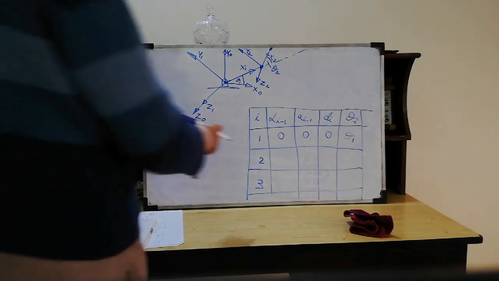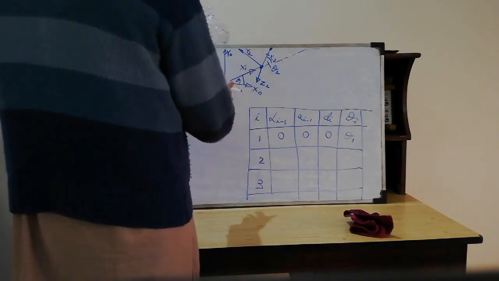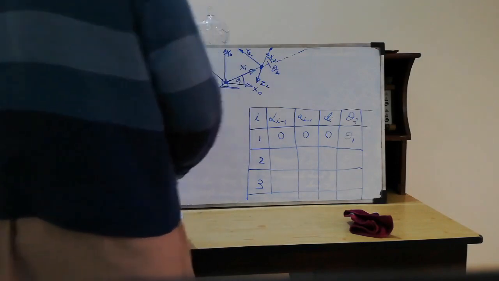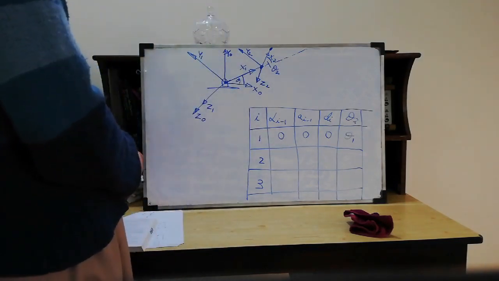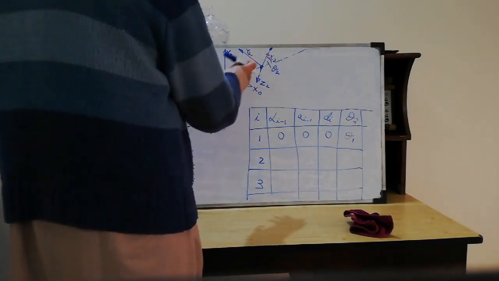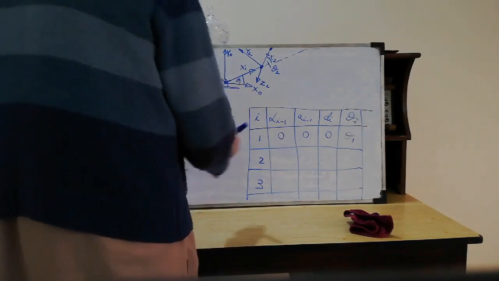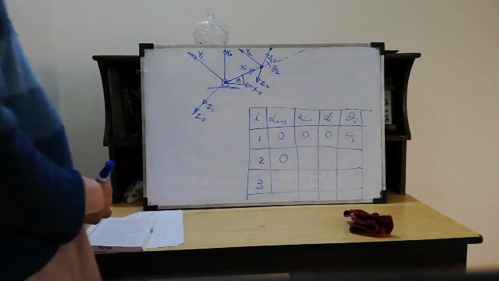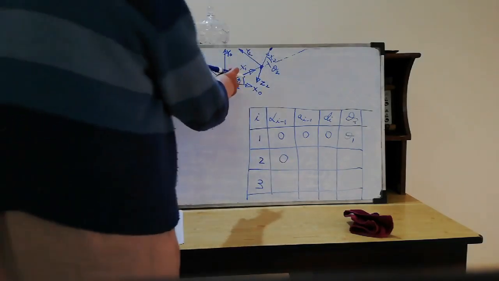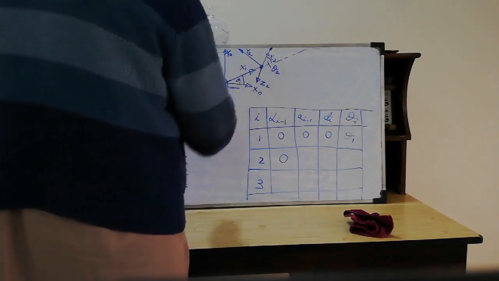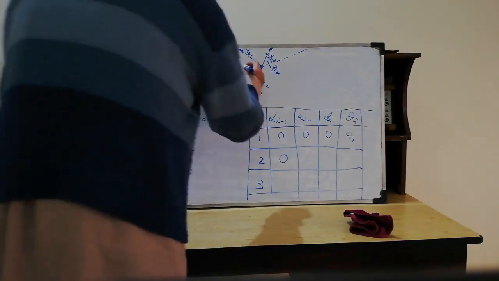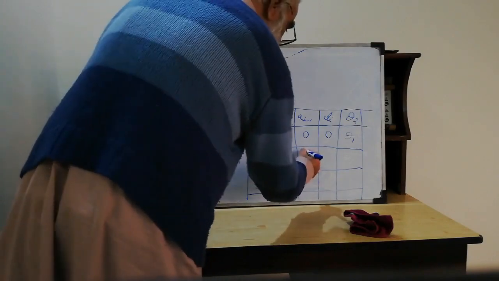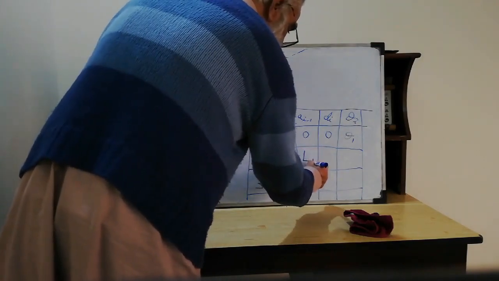Now we'll go to 2, that is the angle between Z1 and Z2. Z1 and Z2 are both coming out of the page, and therefore the angle between them is 0. And the link length between Z1 and Z2 is, this is x1, let's call this L1.